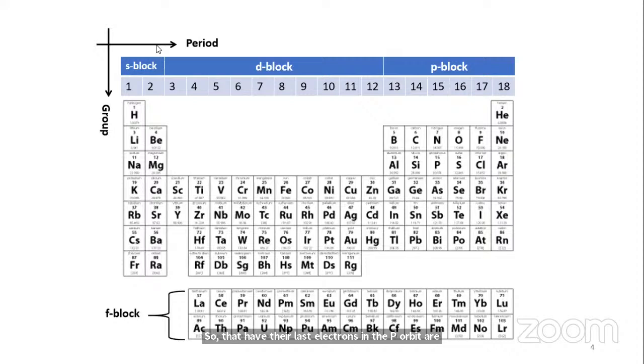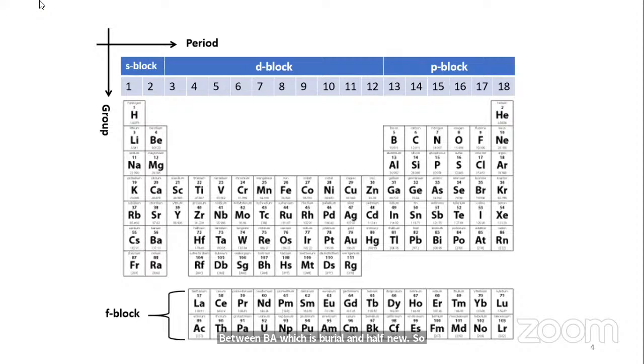Then we have these 2 rows of elements that are underneath, which we call the F block. For these 2 rows of elements, the last electron in them is present in an f orbital. And so they are called the F block elements. Ideally, these 2 rows of elements actually fit into this space between Ba, which is barium, and hafnium.